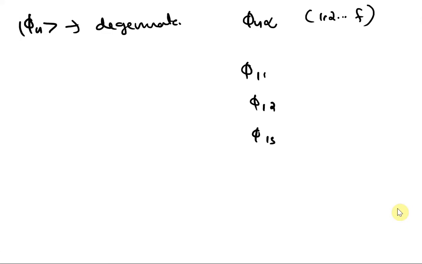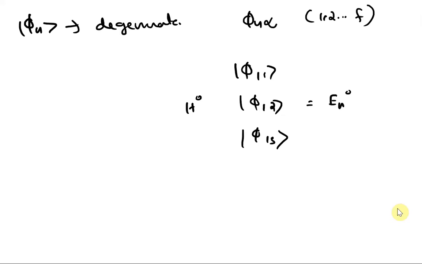It will go up to phi 1f. These are the different degenerate states of phi 1. As you know, they are degenerate states. Kept acting on any of the states, all of them will produce you en0.